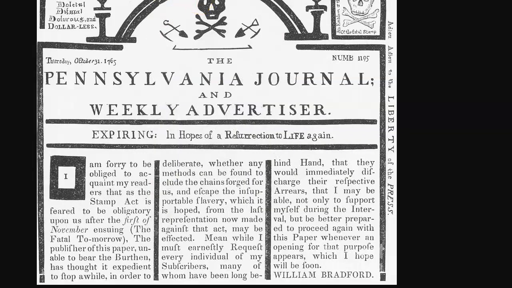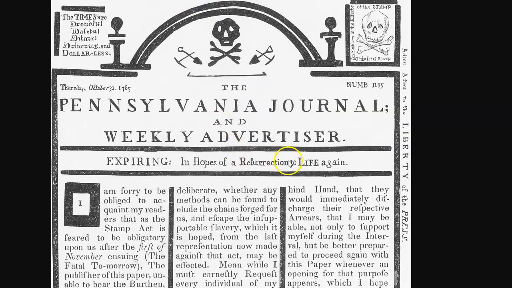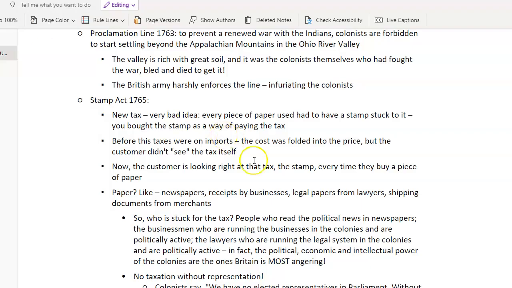This is where you were supposed to put that stamp to remind you of how awful it was. So here is a newspaper from the day, the Pennsylvania Journal. And there is where you were supposed to put the stamp when you bought it. And it was this protest that they made.